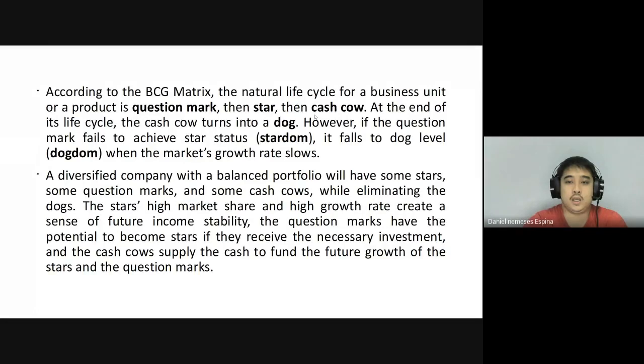And then eventually it will become a cash cow. A cash cow has a low growth rate but high market share. And then eventually the cash cow will be saturated. It becomes a dog, or a condition where the business or product has a low market share and also low growth rate.